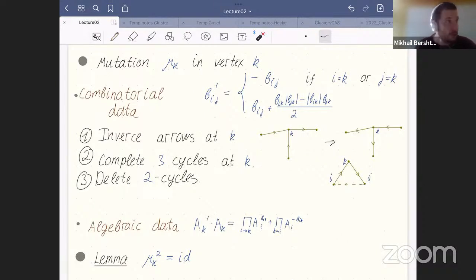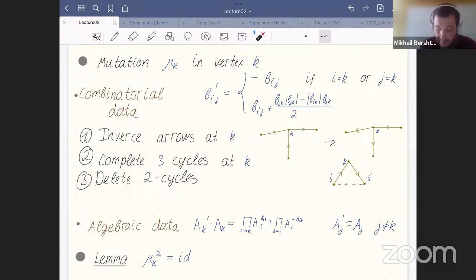We should assign new variables to each vertex, but first I should write that a_j prime is equal to a_j for j not equal to k. So the only variable which changes is the label which lives in k's vertex. And for this vertex, we have the following relation: the product of a_k prime and a_k is equal to a binomial.